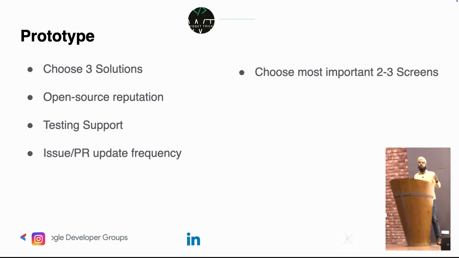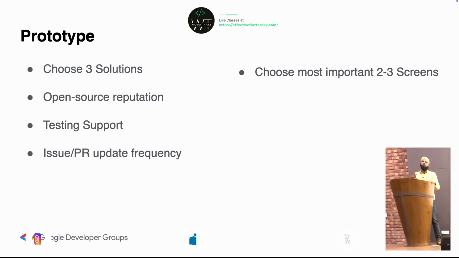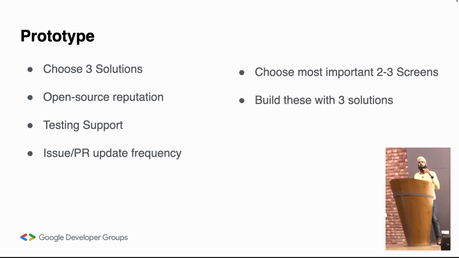And once you have chosen those 3 solutions, choose any 2-3 important screens on your app. These 2-3 screens should be the crucial workflow for your business app. And then build them with the 3 different solutions you have. So you will try to build each screen with all these 3 different solutions. And it does not need to be perfect. I mean, it should not need to follow any architecture guideline.